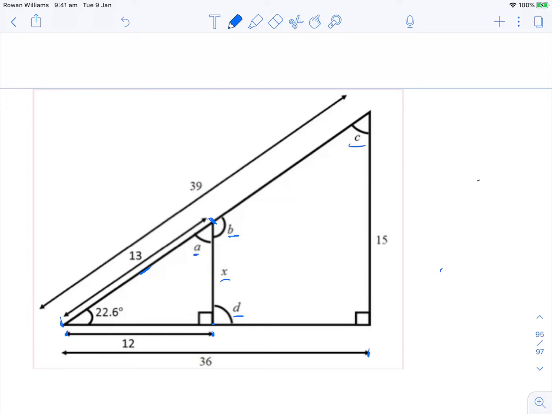We can also see that up here, we could do 39 divided by 13. We could see that the big one is 3 times as long as the small side length there. So what that tells us to start with is that when we increase the size of this triangle and we get it bigger and bigger, all the side lengths increase by the same amount.